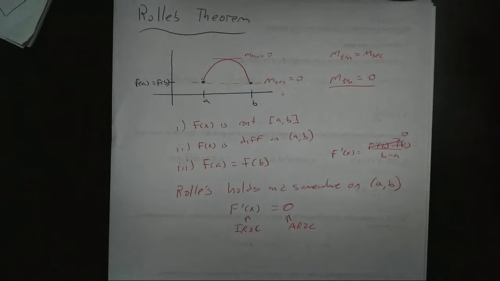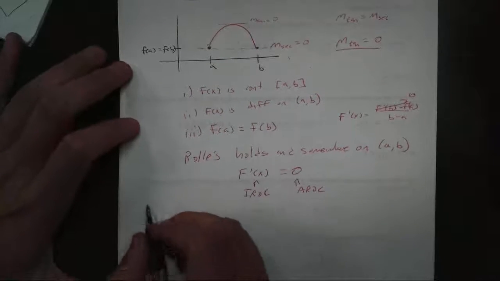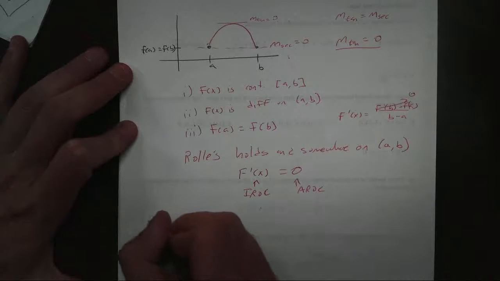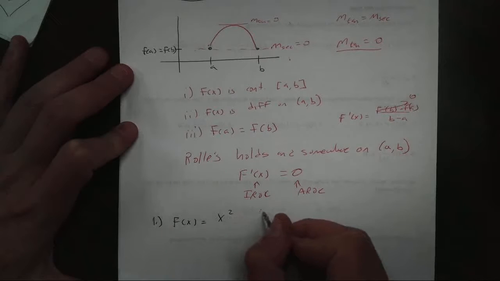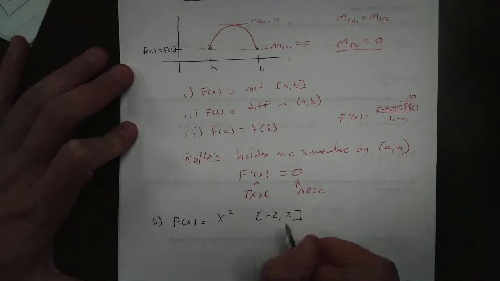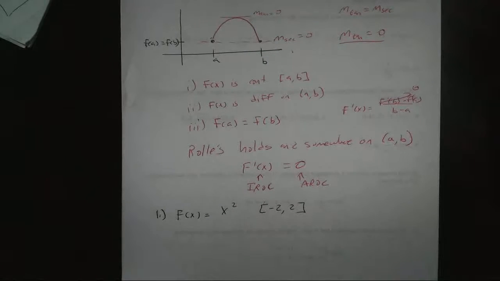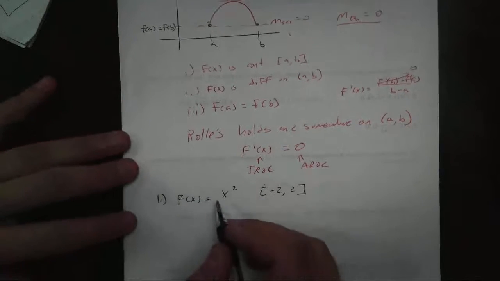If we take a look at the parabola, f of x equals x squared, and we'll go from the domain from -2 to 2. And I want to see if Rolle's theorem can apply. And it's very easy.